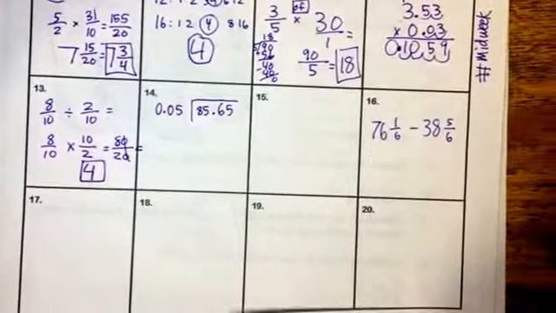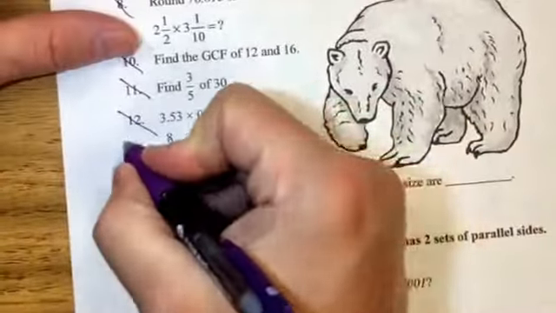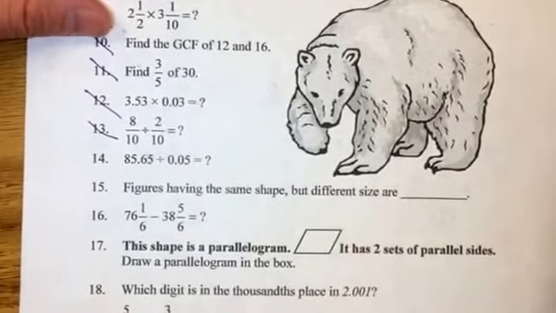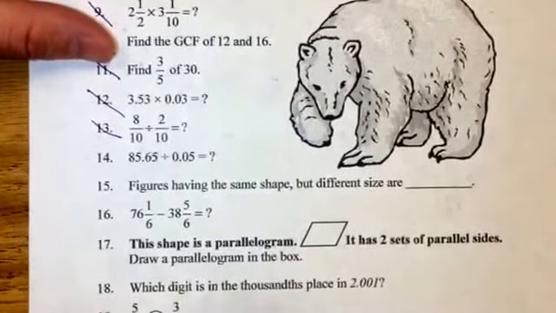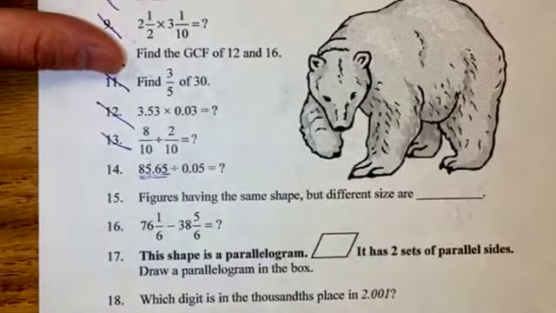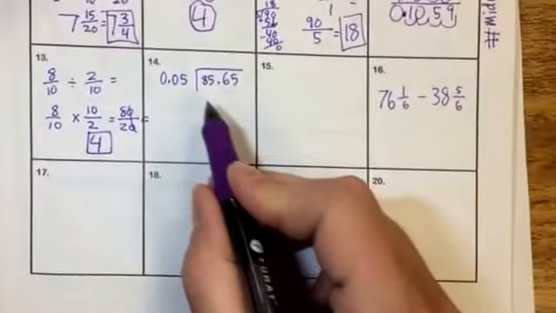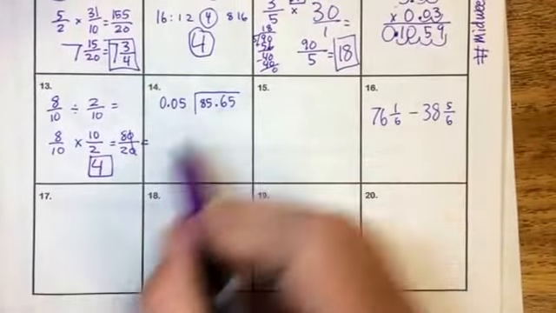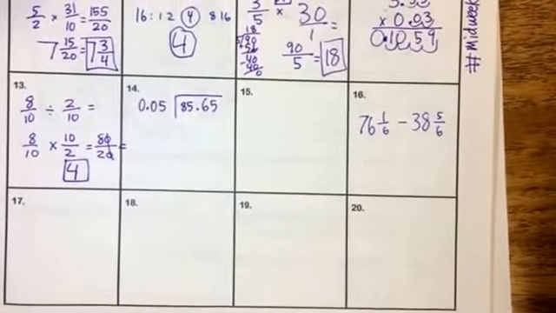All right. Problem number 14, they want you to look at the problem: 85 and 65 hundredths divided by 5 hundredths. Please remember that the number that you read first is the number that goes inside the box. So I've got my 85 and 65 hundredths inside the box, and then my 5 hundredths on the outside.